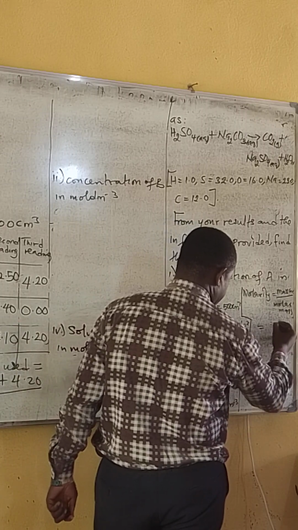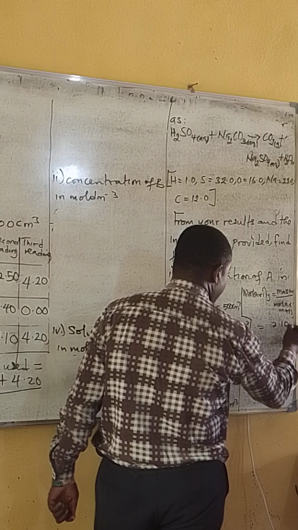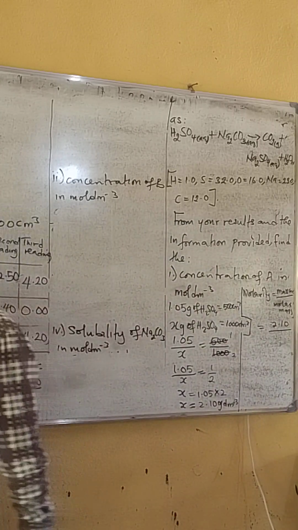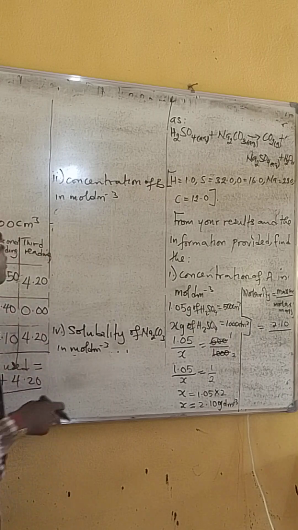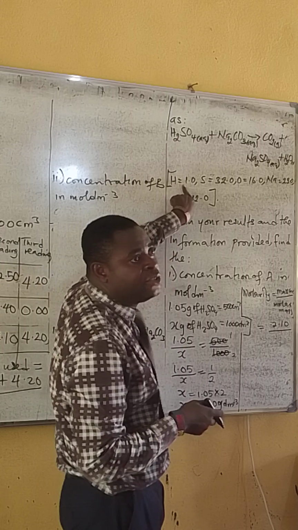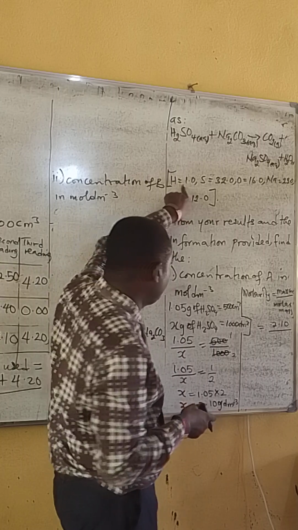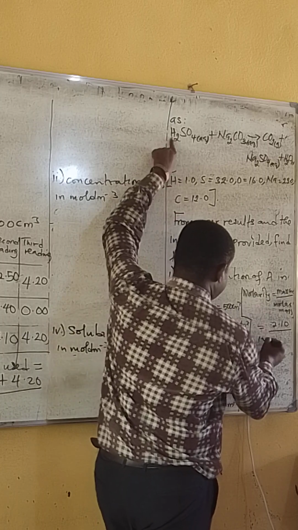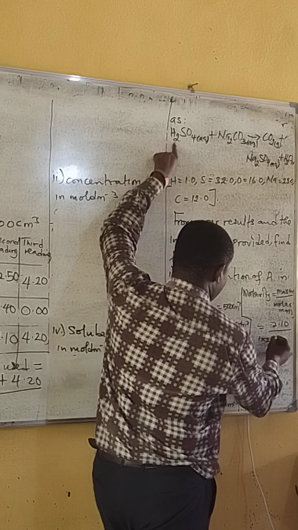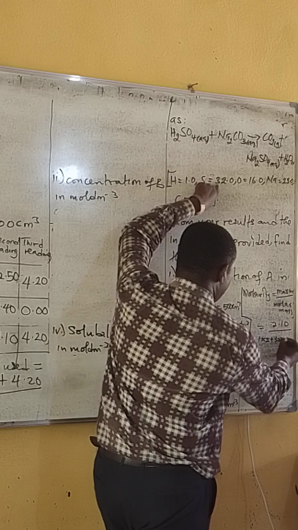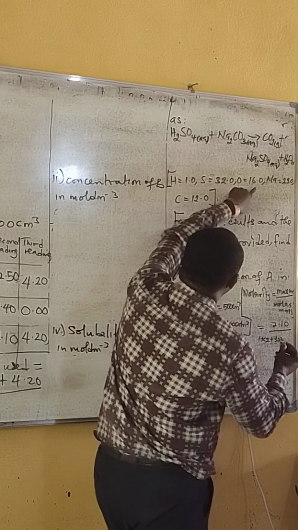We write it as 2.10 over molar mass of H2SO4. Don't forget that A is H2SO4. And H2SO4 has what? 2 hydrogen atoms. And 1 hydrogen atom here is what? Is 1.0. So I will have 1 to represent this hydrogen times these 2, plus sulfur is what? 32. Plus oxygen is what? 16.